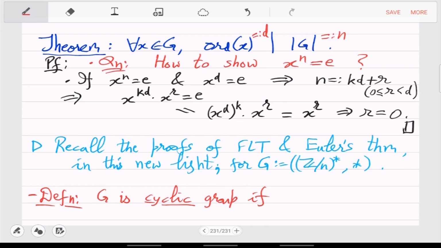So we call a group a cyclic group if there is an element x which generates everything. So if there exists an x in G such that the group generated by x alone, which is these x to the j's, covers every element in the group, then we call the group a cyclic group. And x is called a generator.